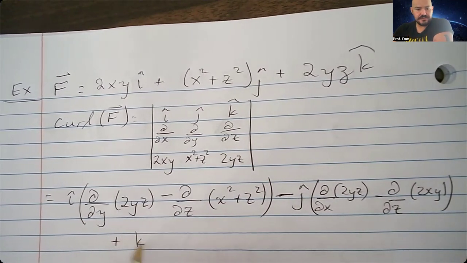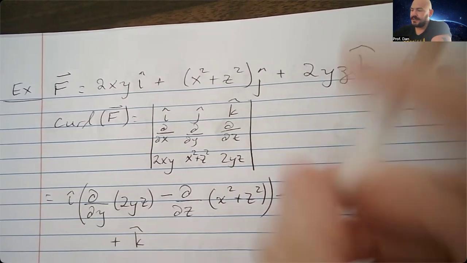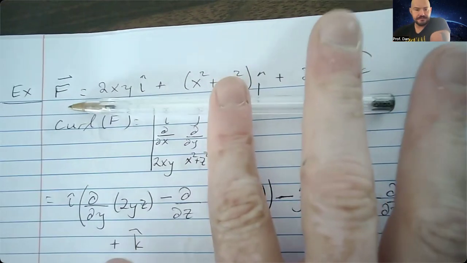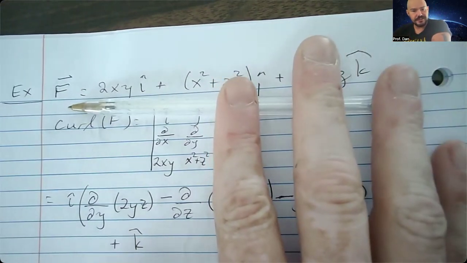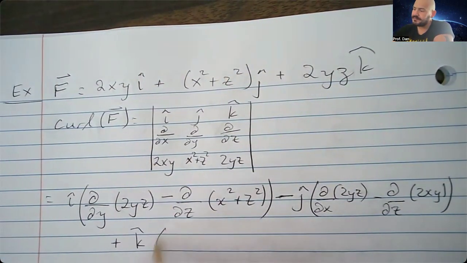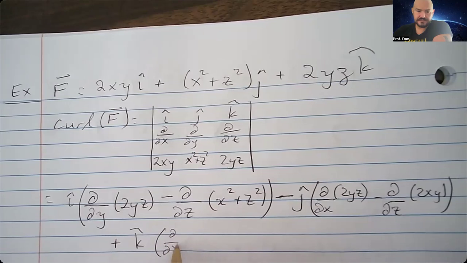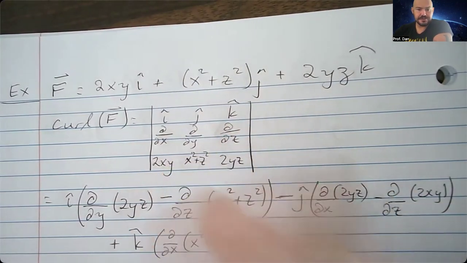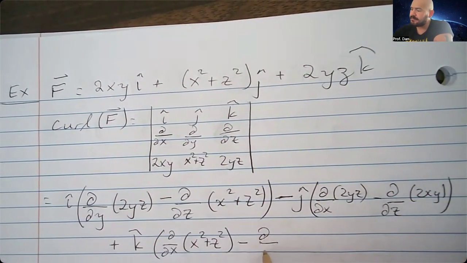And lastly, if I cover up third column or first row, third column, we're taking that determinant. So we have partial with respect to x of x squared plus z squared minus partial with respect to y of 2xy.